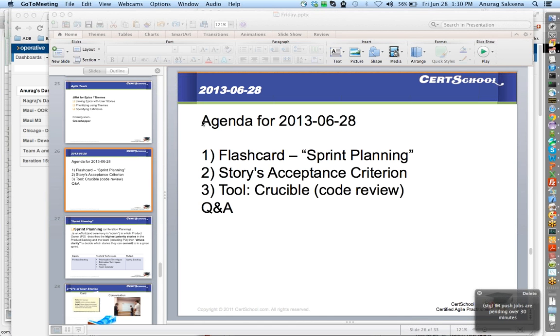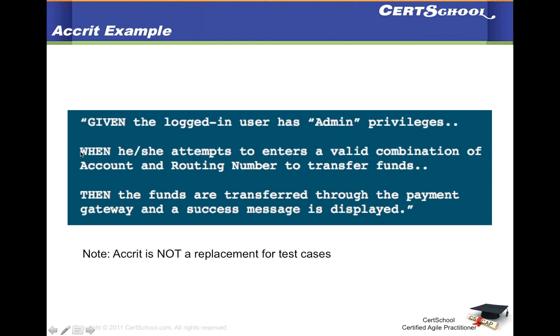All right, so I don't see any more questions. All right, so before I jump to the third part, which is looking at one of the agile tools, Crucible, I'm going to have some polls which are questions based on what we have learned so far today.